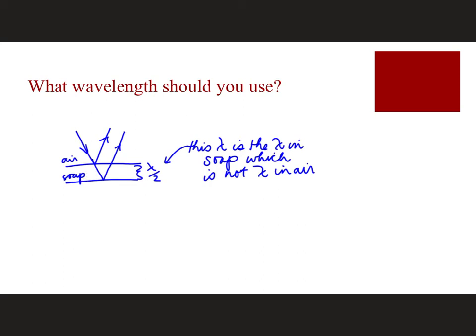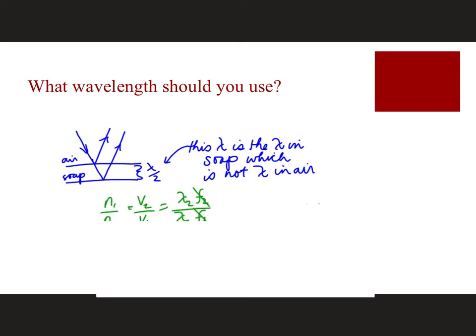If that's the case, remember, our frequency is going to be the same. It's not changed when we have a wave traveling from one medium to another. If the speed decreases, then actually our wavelength will decrease as well.